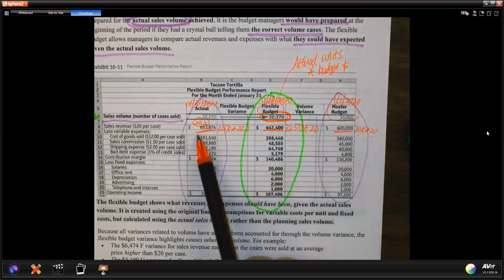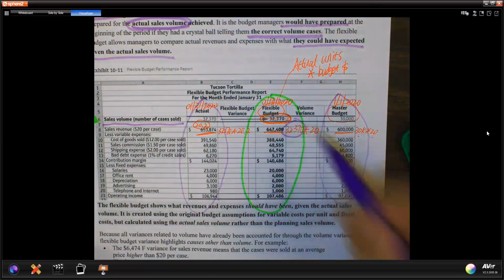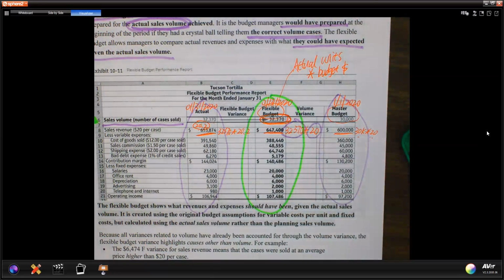Your actual is actual units times actual price. Your flexible budget is a hybrid. Your flexible budget is your actual units, but we use the budgeted price. So your flexible budget is part actual and part budget. Your master budget is both budget. Your actual is both actual.